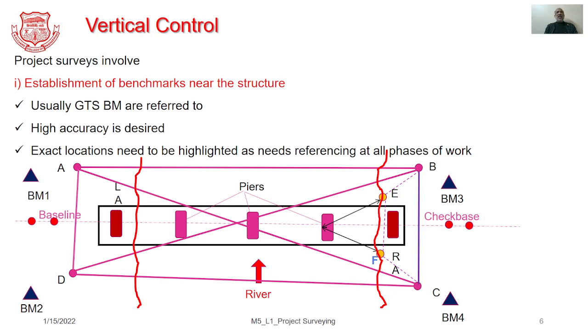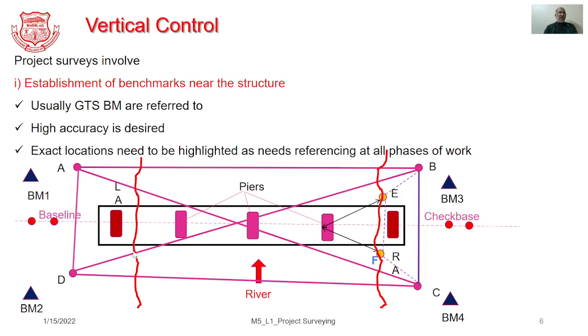As we are dealing with first order triangulation, it is quite essential to maintain high accuracy, and these exact locations need to be highlighted as they establish the references at all phases of the work.